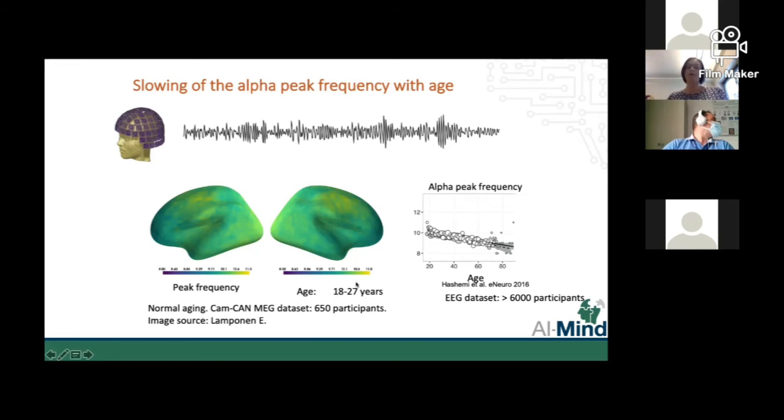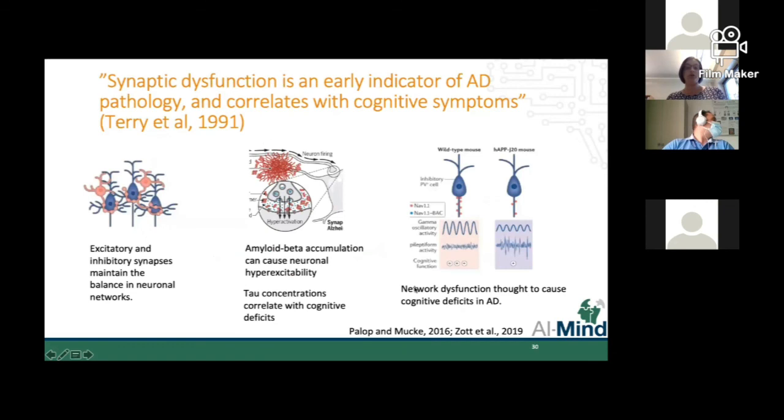And here are young adults, our typical university students that we usually have as subjects. Now, if we move forward in age, we can see that the peak frequency is getting slower. You see that the color is changing, meaning that the oscillation is slower. And this is a known phenomenon from EEG.